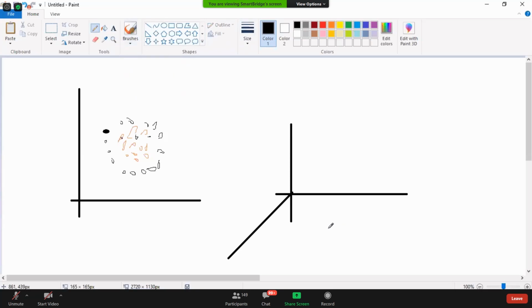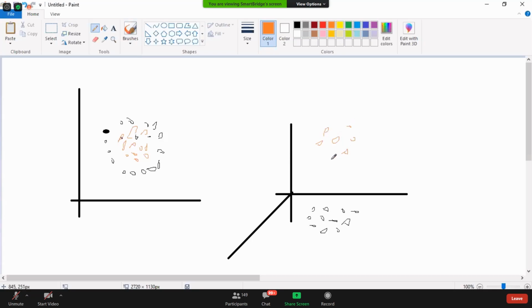So here my black points have shifted downwards. My red points are shifted above. Right?